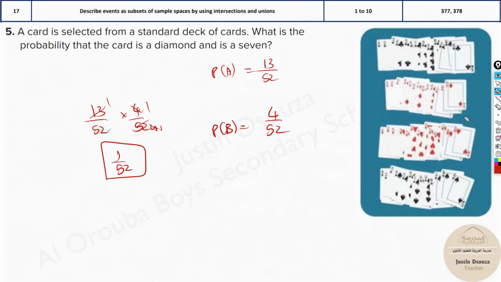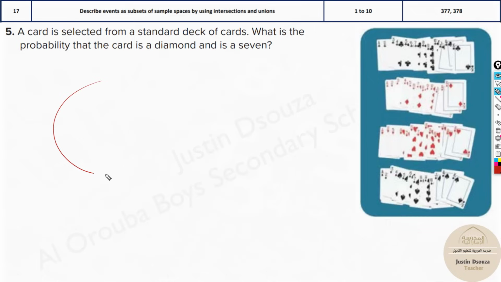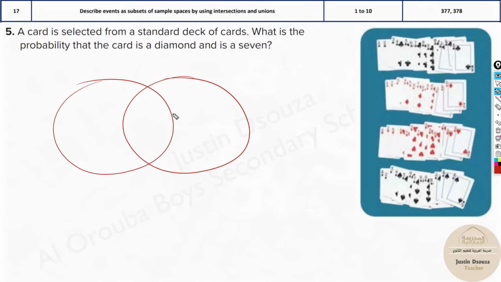Otherwise, you can do a Venn diagram. Now imagine you draw Venn diagrams, in the sense two circles and intersections. Now, which are all the cards that are diamonds? You have ace of diamonds, two of diamonds, three of diamonds, four of diamonds, and so on. It keeps on going till king of diamonds. Okay. Now, which are the sevens?